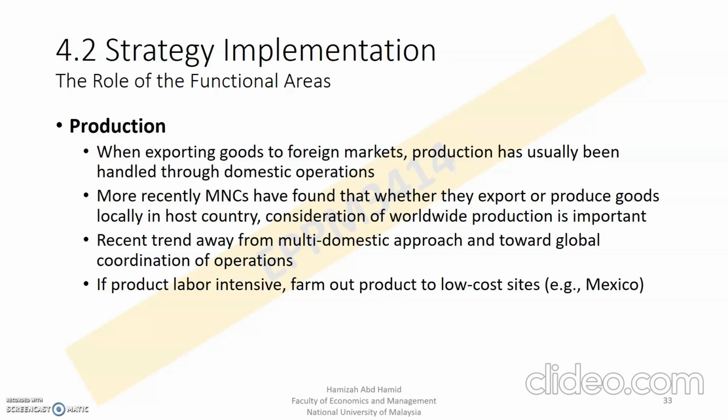The design comes from its home country, but the production usually is conducted in countries like India, maybe Bangladesh, maybe Pakistan, maybe Indonesia, because these countries have low-cost labor, so therefore they can produce low-cost items.